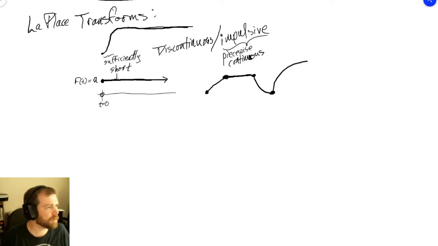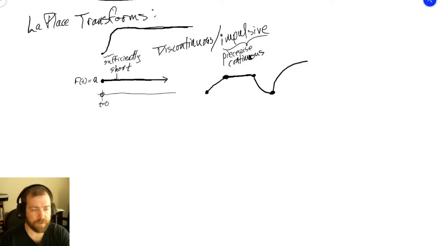Joseph Louis Laplace, I believe. Oh, Pierre-Simon de Laplace was a French mathematician from the mid to late 1700s through the early 1800s.